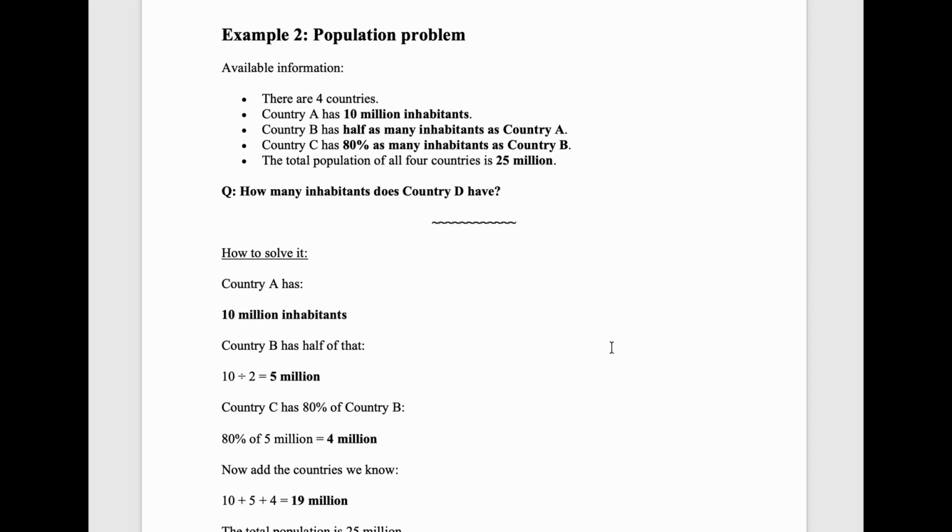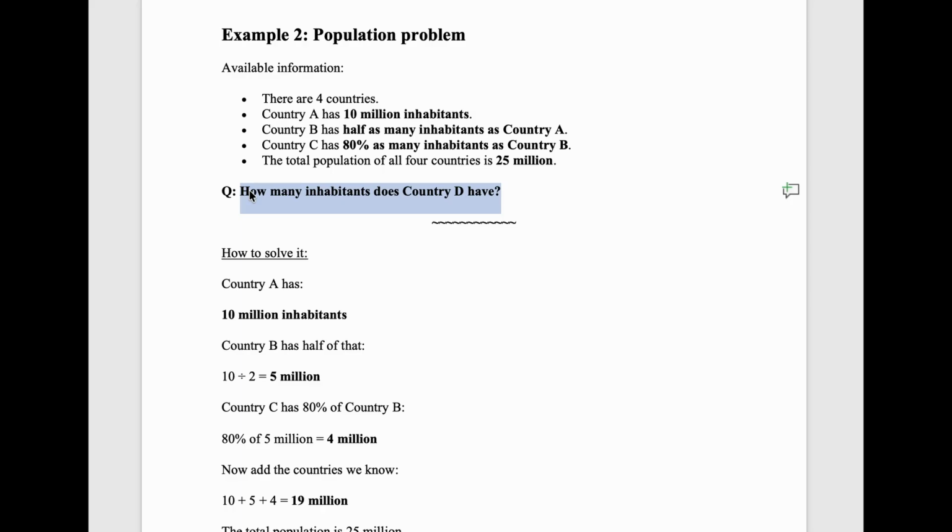So imagine you were told that country A has 10 million inhabitants, and country B has half as many inhabitants as country A. Then you are also told that country C has 80% as many inhabitants as country B. The total population of all four countries is 25 million.